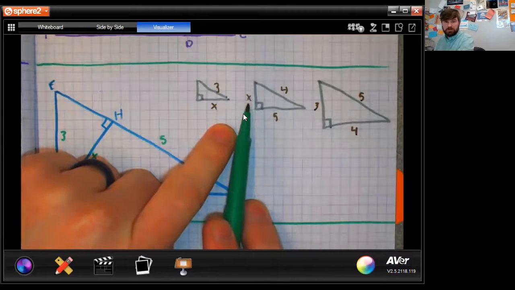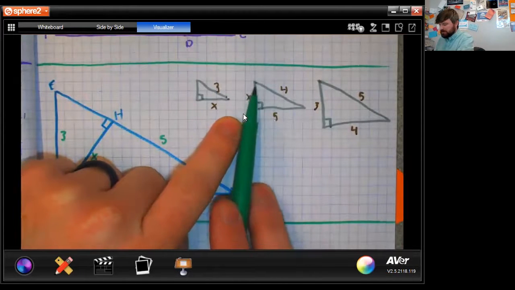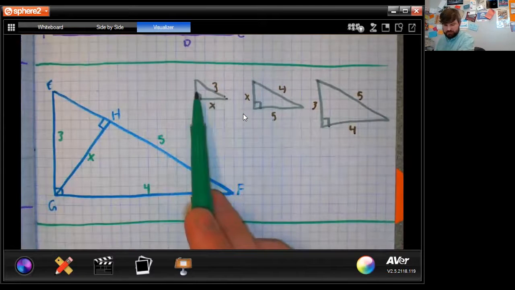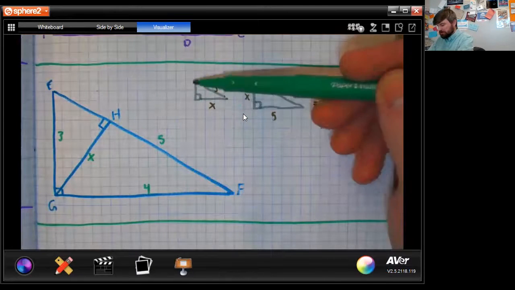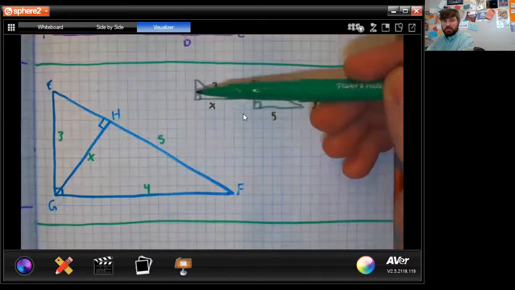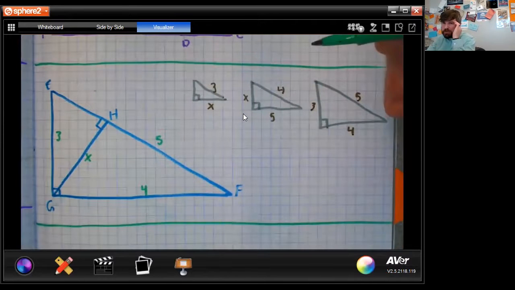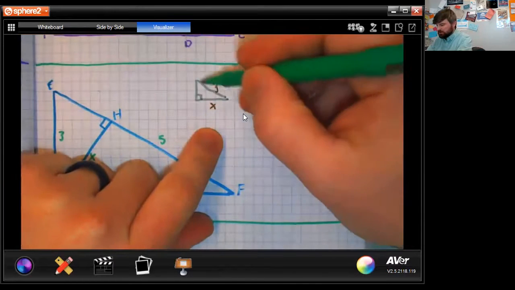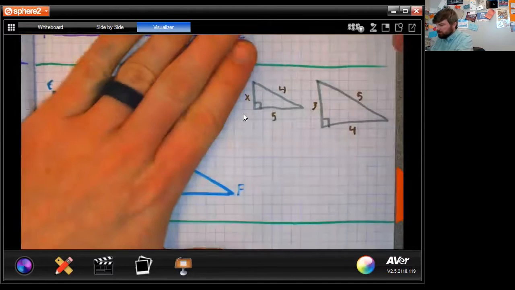Okay, so if I use another triangle, I need to use a triangle that has that side. Okay, so I actually can't use this side or this triangle because it doesn't have this side. And that actually eliminates the hard one, because I won't have 2 X's. Okay, so this one is gone. I'm not going to use that. So I'm only going to use this one.